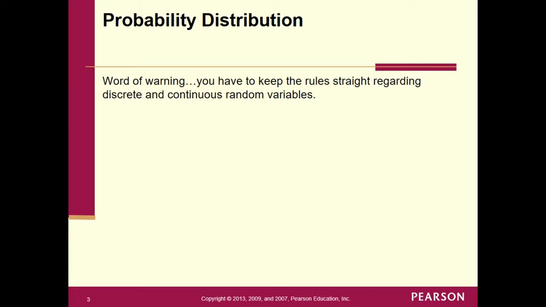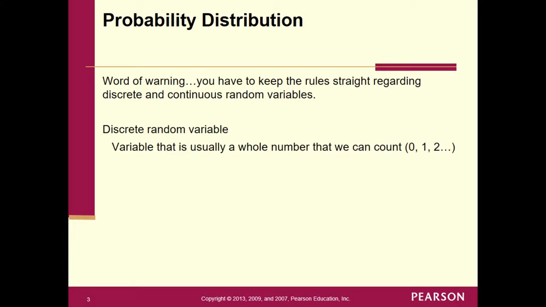You'll see. So let's get into discrete random variables. Remember, these are variables that are usually a whole number that we can count, like 0, 1, 2. That's what we're going to be dealing with in 6.1 and also in 6.3.